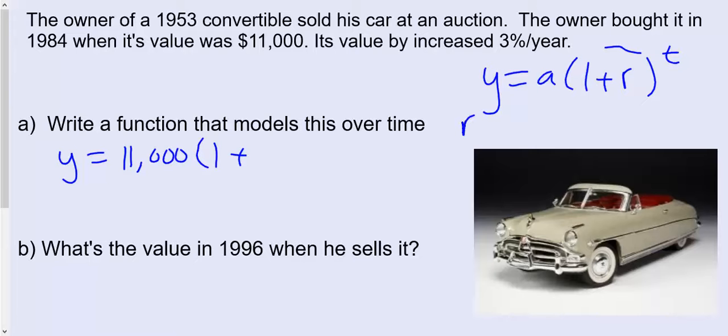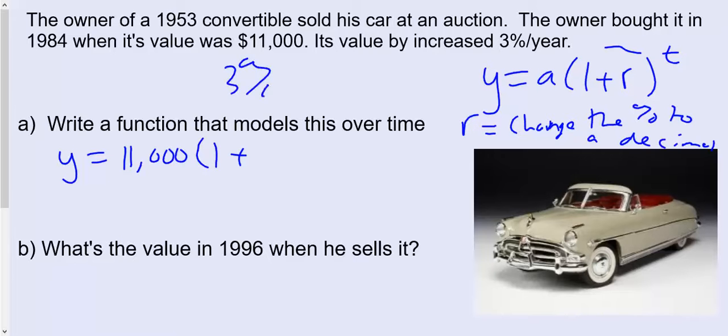You're going to change the percent to a decimal. Okay, so it's 3%, so 3% is 3 over 100, which equals 0.03. So 1 plus 0.03 to the power of t.